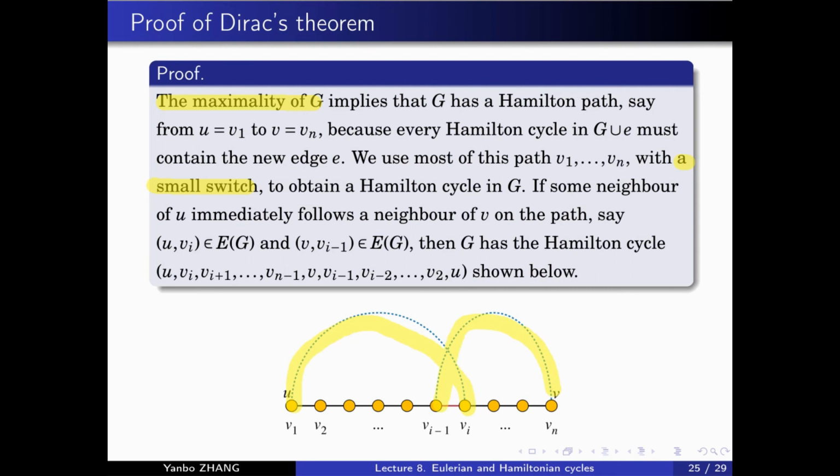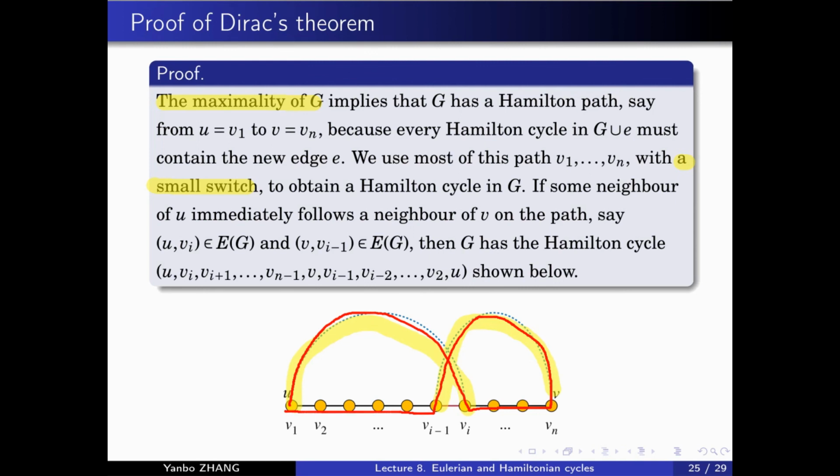The cycle is u, vi plus 1 to vn minus 1, v, vi minus 1, vi minus 2 to v2 to v1, which is u. So this is a Hamilton cycle.